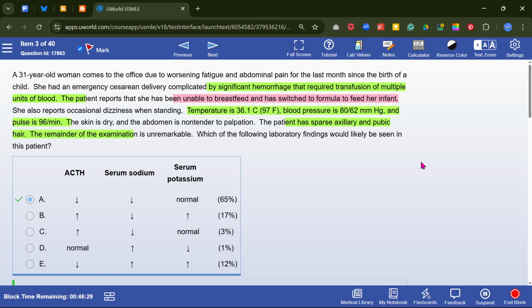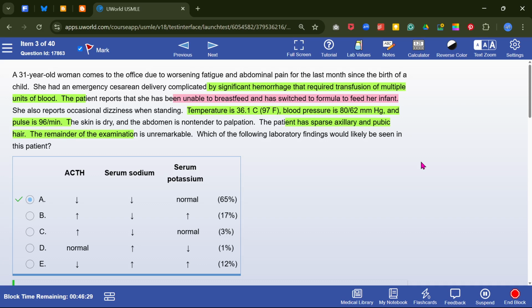Temperature is normal, blood pressure low, pulse 96, skin dry, abdomen is non-tender to palpation, and the patient has sparse axillary and pubic hair. The remainder of the examination is unremarkable. What is my likely diagnosis?